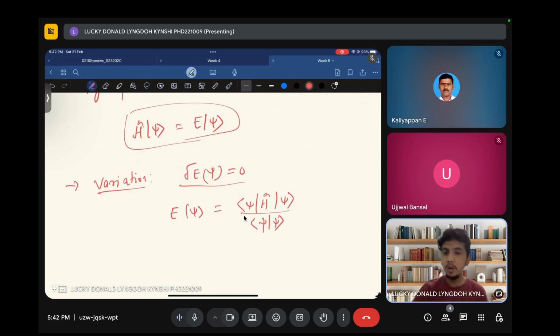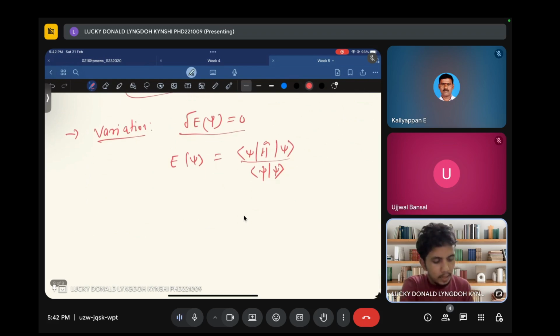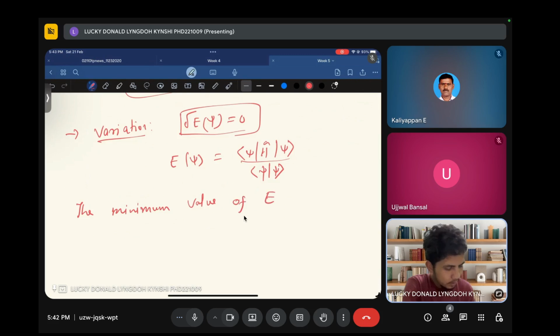Okay, here you don't solve the Hamiltonian directly, but you solve delta E psi equal to 0. That means the minimum value of E psi.